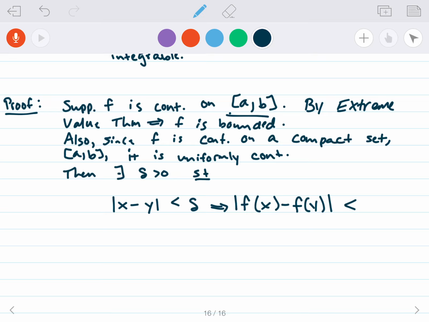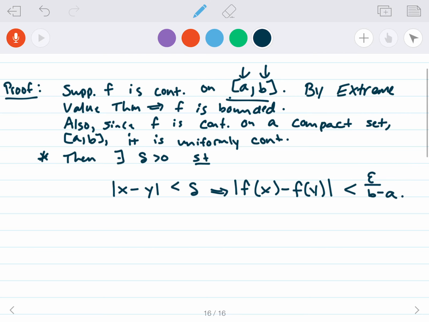For the sake of the proof, to make things work out, we're going to choose our positive epsilon to be epsilon over b minus a. This is completely valid because epsilon is positive, and b minus a is going to be positive, because b is the greater number than a, and we're dealing with a closed interval here. So there's no problem in choosing this as our quote-unquote epsilon.